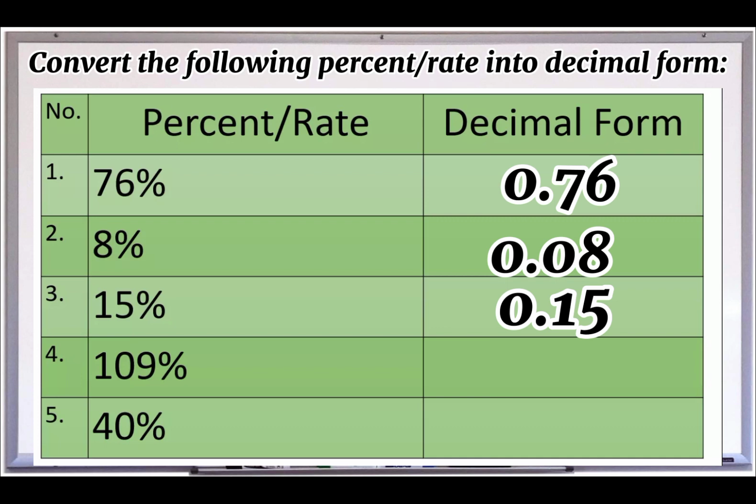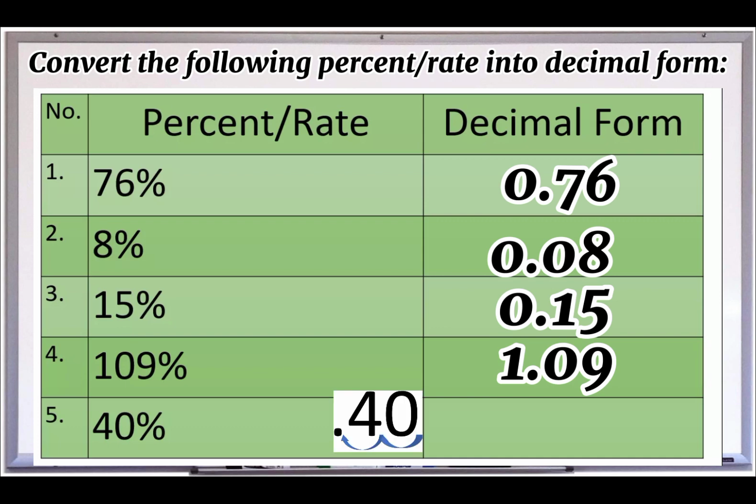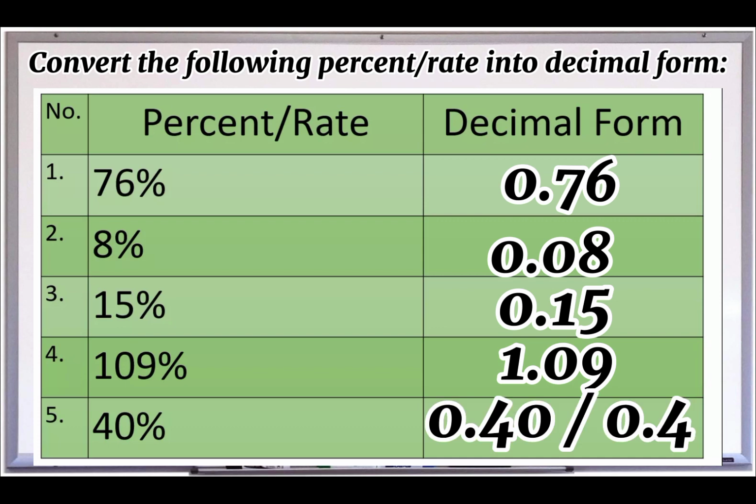Next, number 4. 109%. Just move 2 places to the left, 2 places lang pakaliwa, it becomes 1.09, correct? Next, number 5. Okay, the answer is, very good, 0.40.